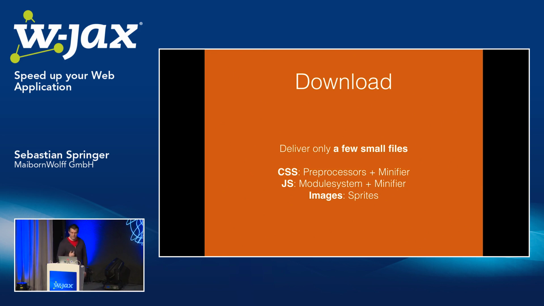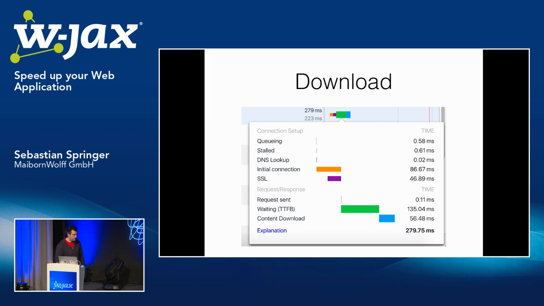If you want to measure the download performance, so to figure out where your problems are, just use the DevTools of your browser, and then you see a figure like that. This means that the download of a certain resource can be split up into various sections.